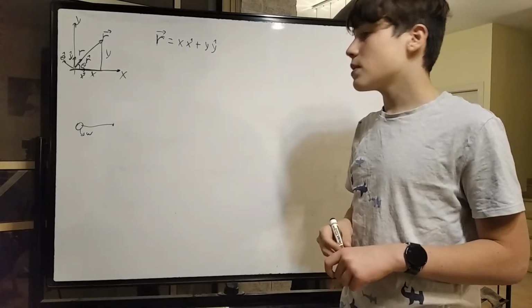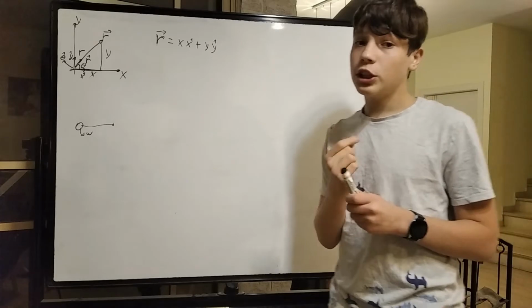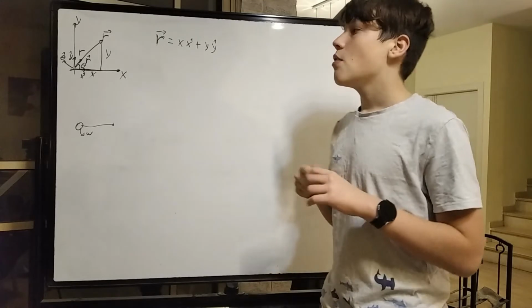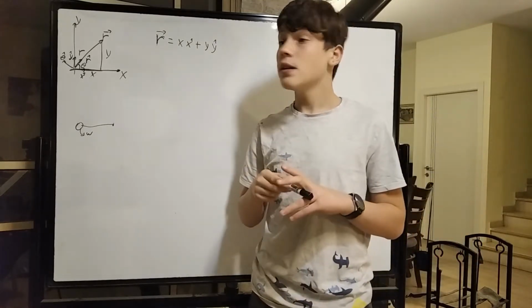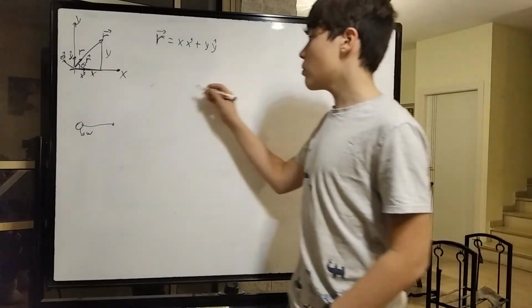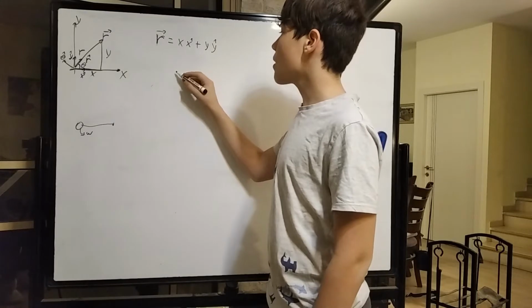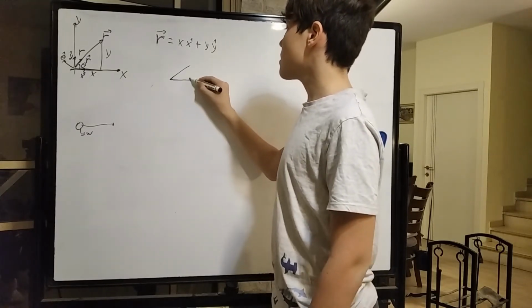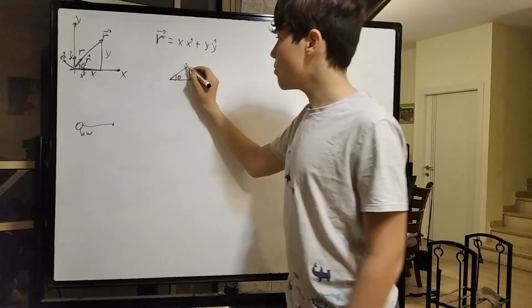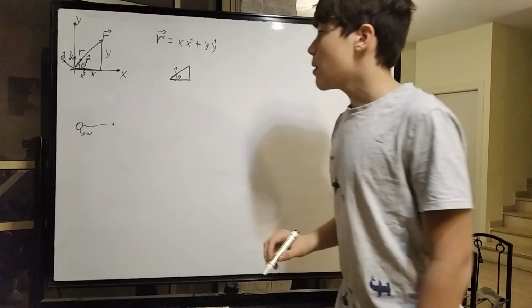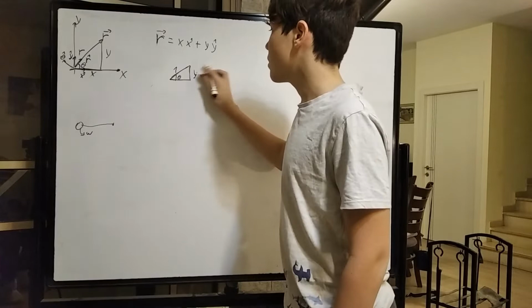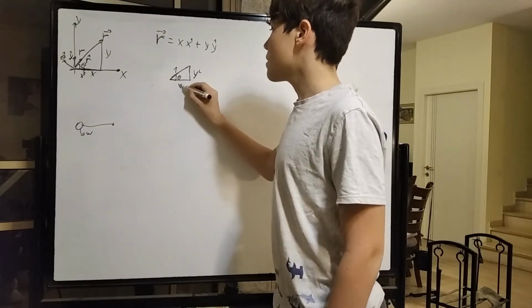And of course, this is all theoretical. If we want to actually use this, we need to find proper equations and formulas for r hat and theta hat in terms of x hat and y hat. So essentially, first of all, for r hat, we have this angle theta, and because it's a base vector, we know this length is 1, and let's call these y prime and x prime.